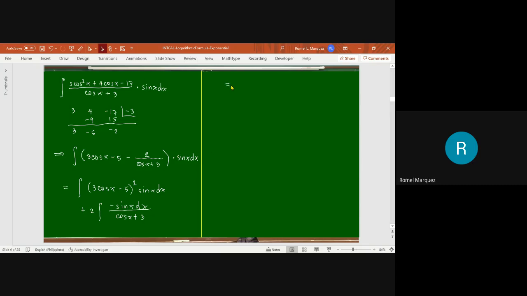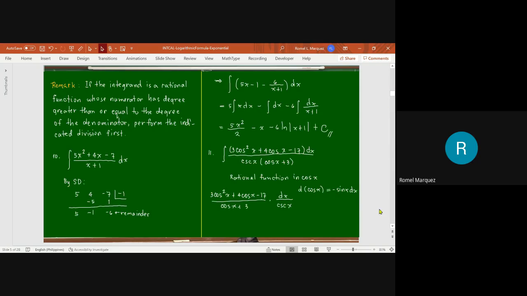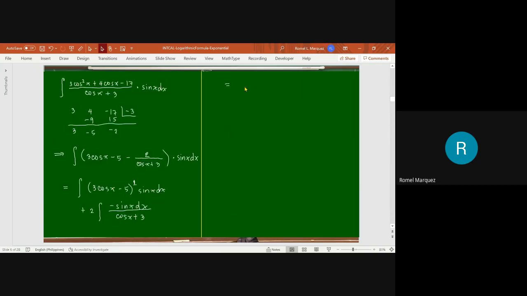Okay, guys, what's the answer? u to the n, not du. To make it du, what do we need, children? A negative. I'll put a negative and balance it outside by a negative. Negative sine x dx. This one is okay now. Plus 2 ln of cosine x plus 3.